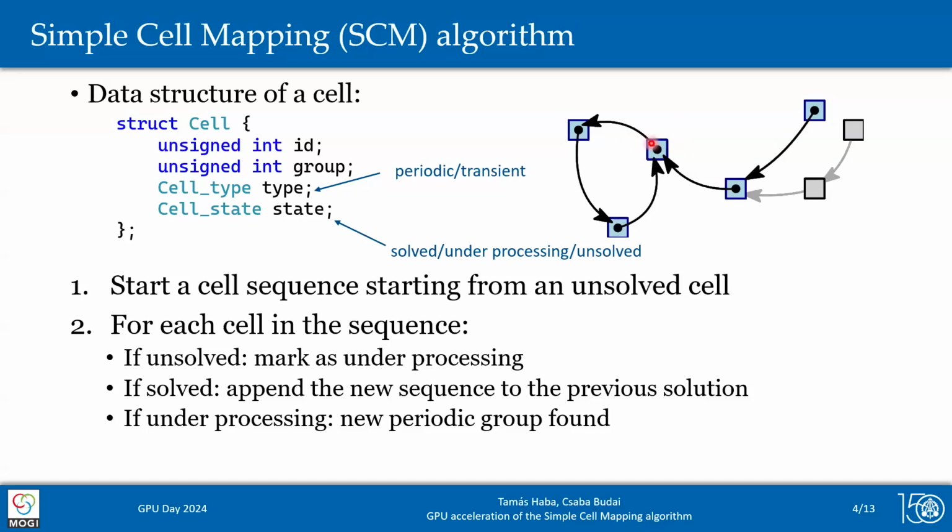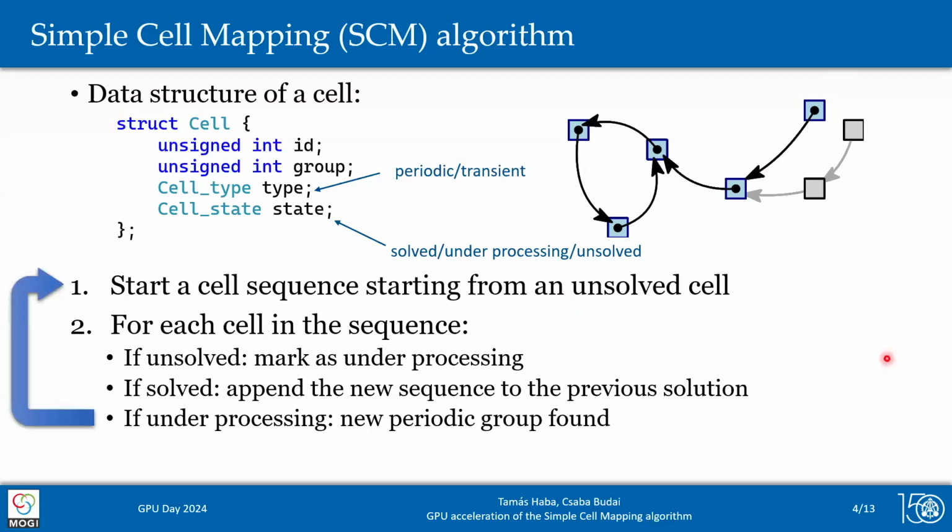In this case, we are sure that we found a new periodic solution, so we assign a group identifier to all these cells and assign the appropriate type. So these 3 cells will be periodic, and these 2 first cells will be transient cells.